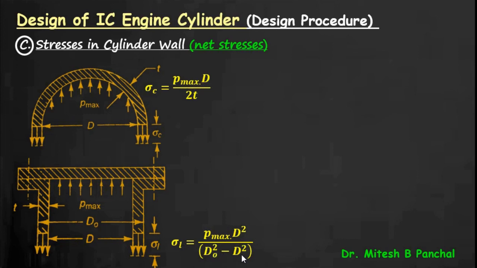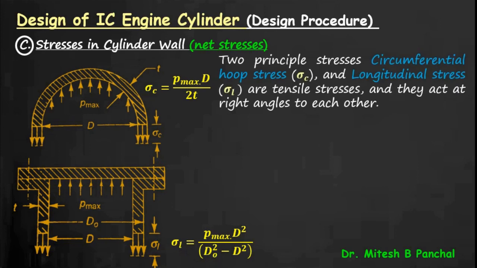One is the hoop stress while the other is the longitudinal stress. The two principal stresses, circumferential stress sigma C and longitudinal stress sigma L, are tensile stresses and they act at right angles to each other.